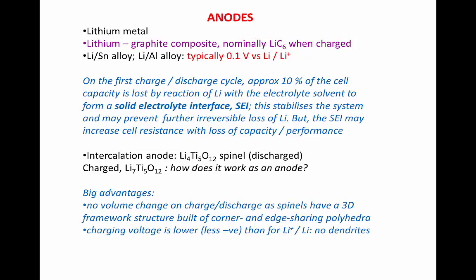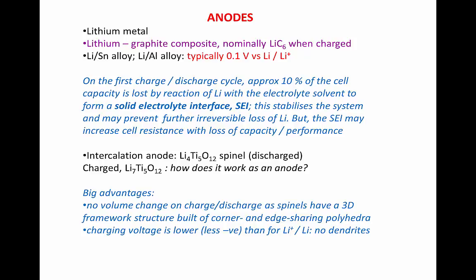Another disadvantage is that the voltage is considerably lower. So if you look at that chart again, I think this one is roundabout 2 volts, utilizing this as an anode. But another advantage is that because the voltage is significantly different from that of pure lithium, during charging, the lithium ions go into the lithium titanate spinel, which means that they don't form dendrites.